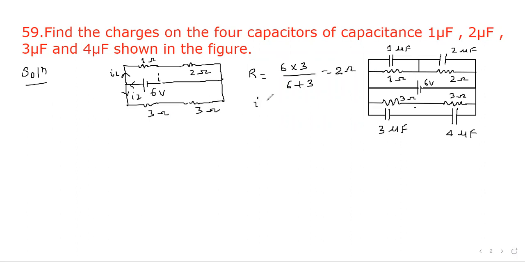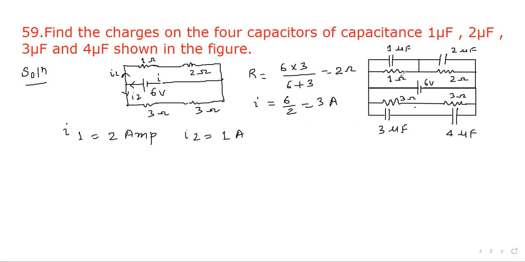So the value of I will be 6 upon 2, that is 3 ampere. Now for this branch, we can find I1. So I1 will be equal to 6 by 3, that is 2 ampere. And I2 will be equal to 1 ampere.